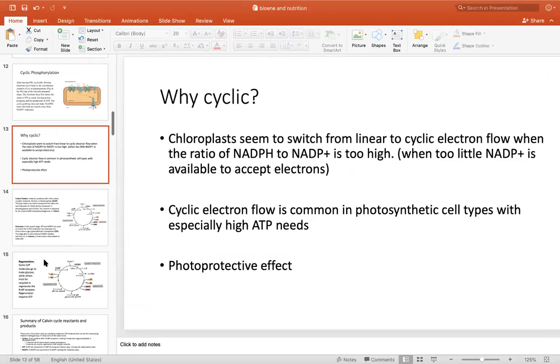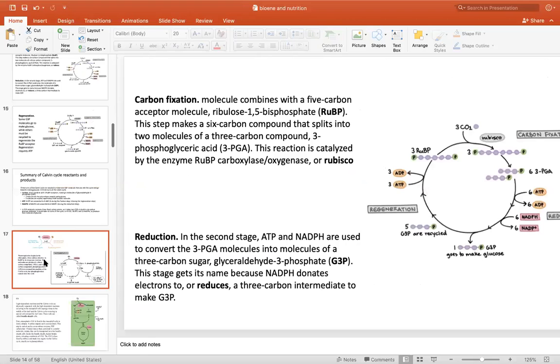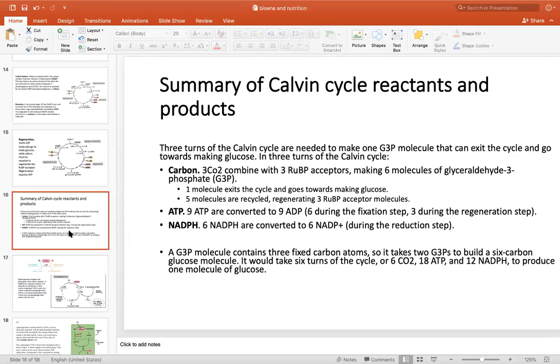So we did over till here. We discussed the Calvin cycle. We're done with that. Now we're going to do something important. Something called photorespiration. So what is photorespiration? Can anyone tell me?